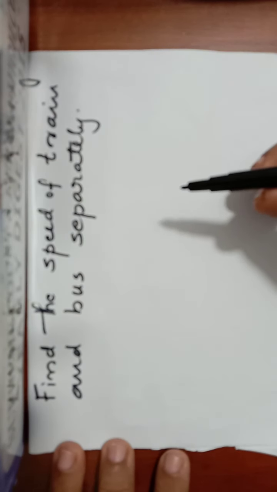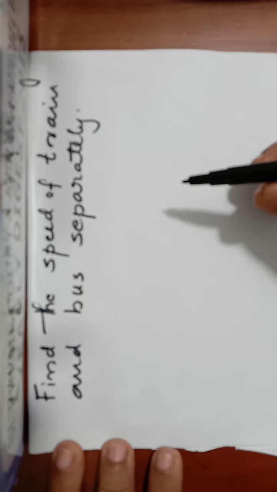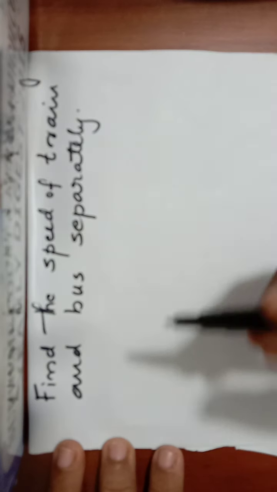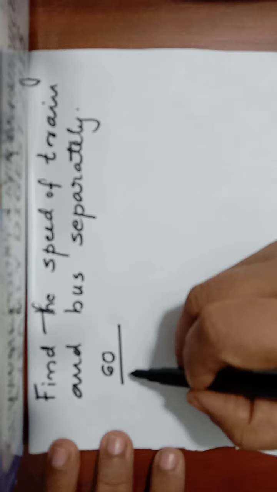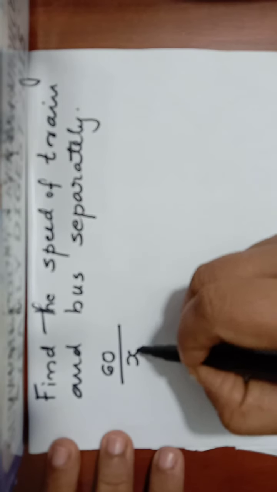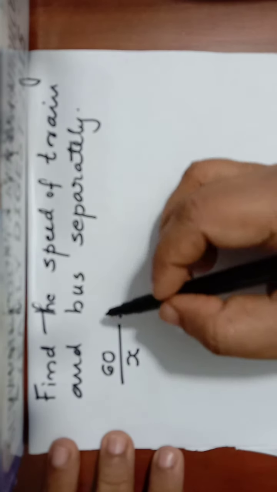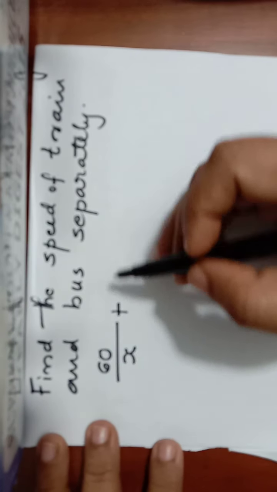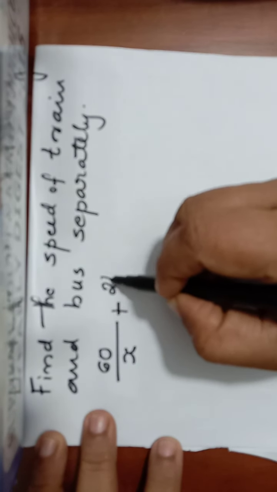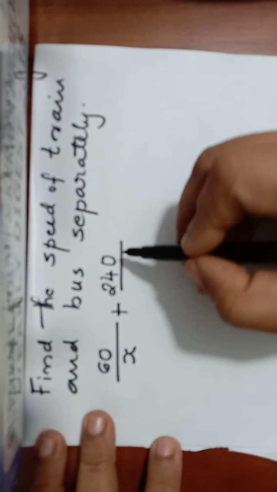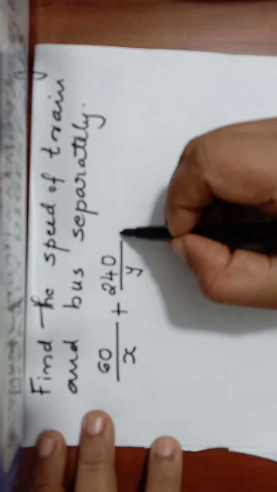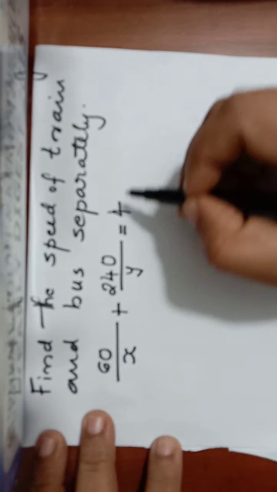In the first condition, 4 hours she has taken. 60 kilometers she has moved by train, so 60 kilometers distance divided by the speed of the train x, plus the remaining, total 300, so remaining is 240 by bus. Bus speed is y. So total time taken is 4 hours.